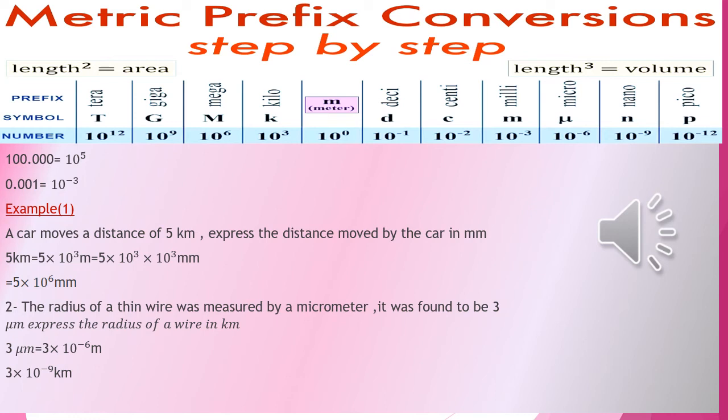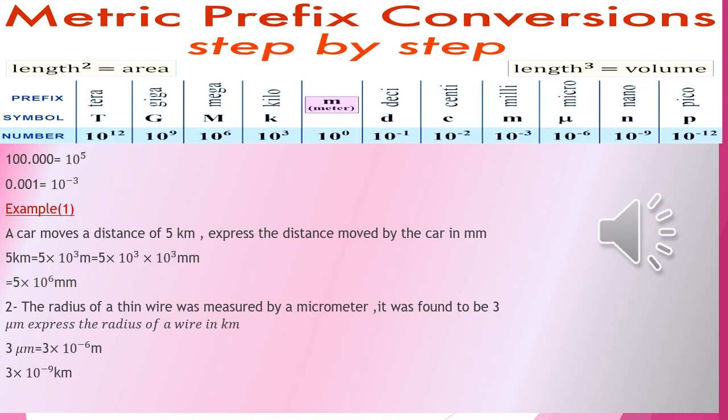When I say 0.00001, in this case we count the number of zeros and the 1. So we have 5. It's called 10 to the power negative 5. When we have 0 point and a number, we count the number of zeros and the 1.